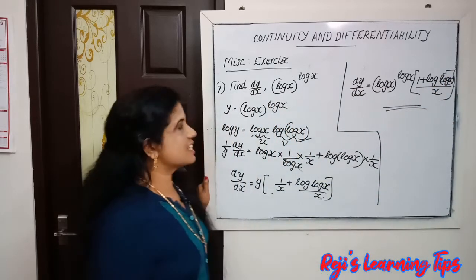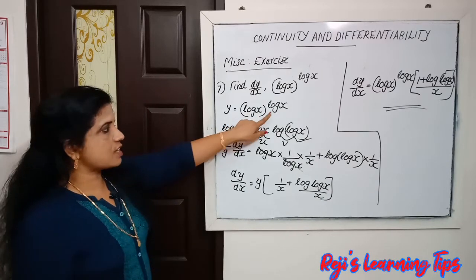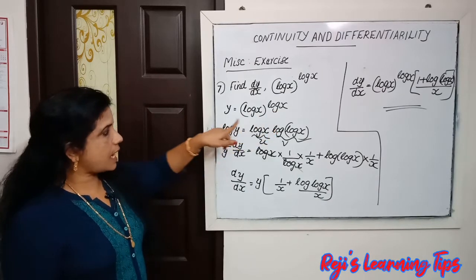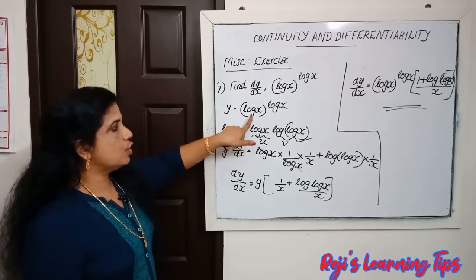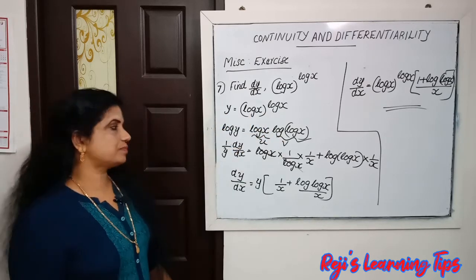Okay, understood? y is equal to (log x)^(log x). So we can apply log on both sides. Log y is equal to log x into log of log x.